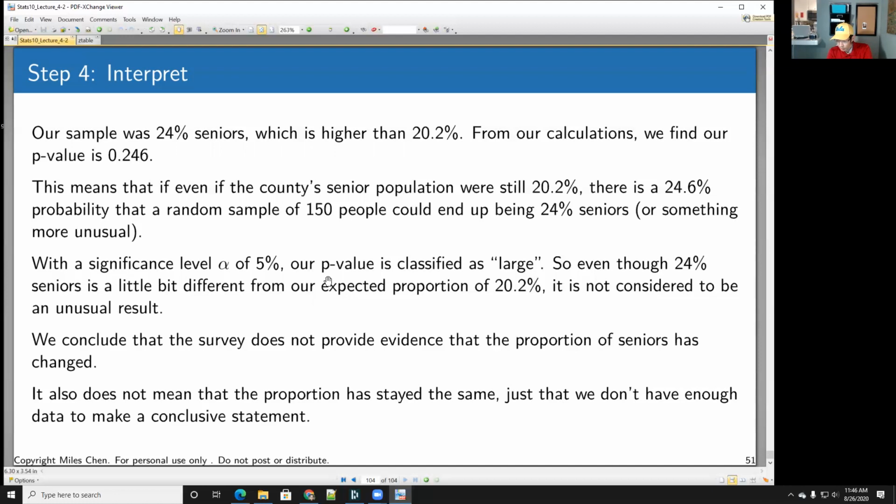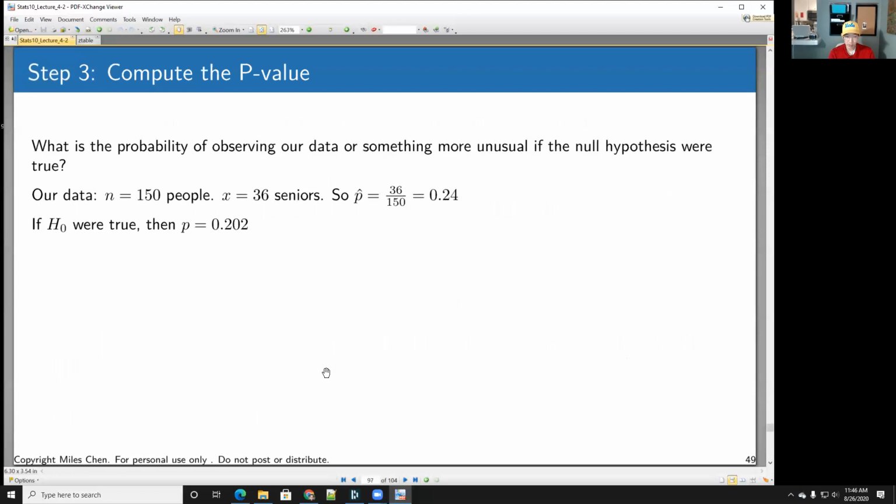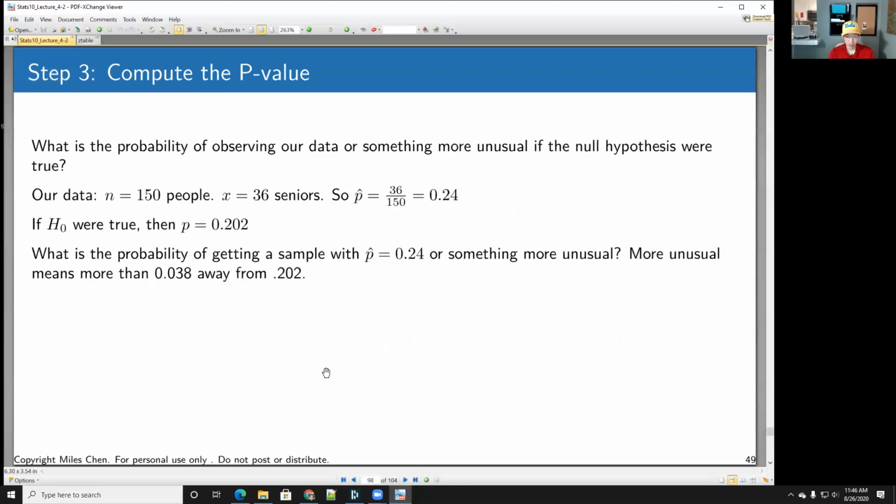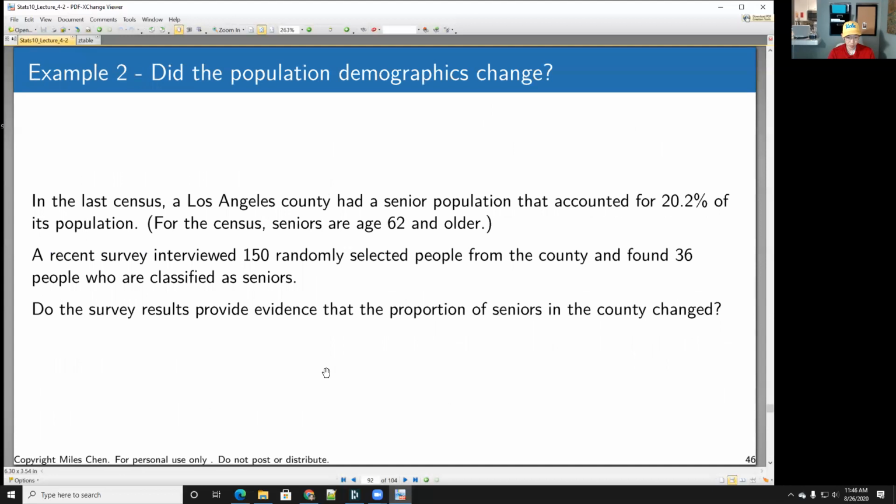The question here says, could you go over again why you use the two-sided test for this example? The two-sided test is because I'm interested in any kind of change in the proportion of seniors, whether higher or lower. As far as the spinning wheel game, I said we have a one-sided test.